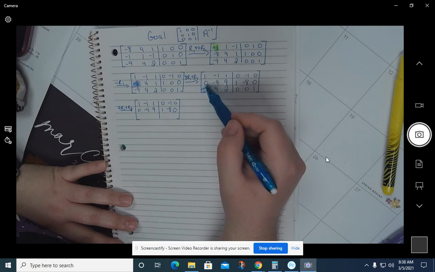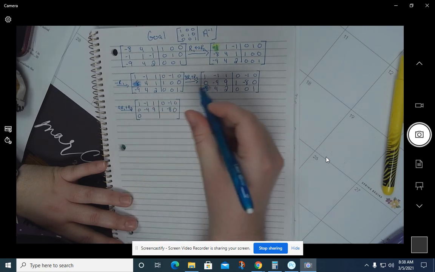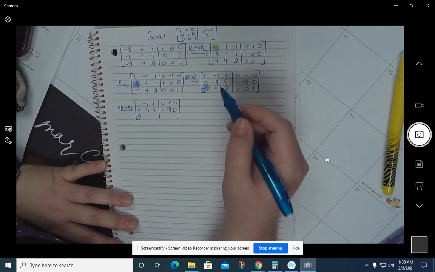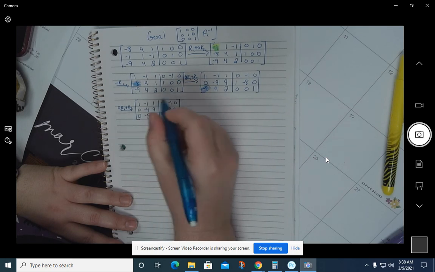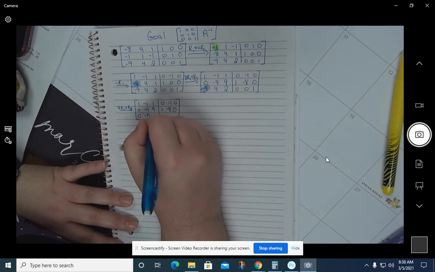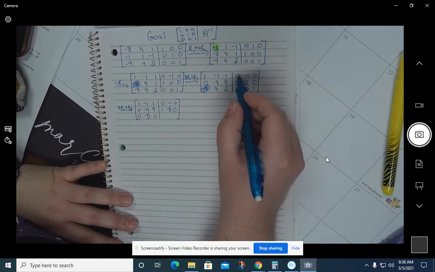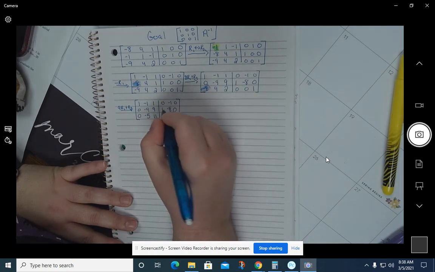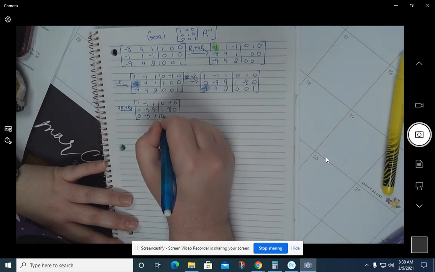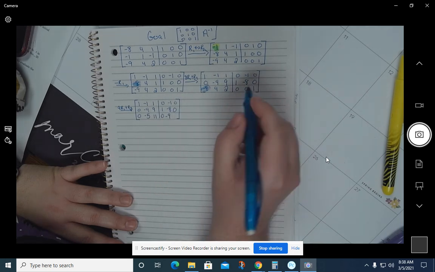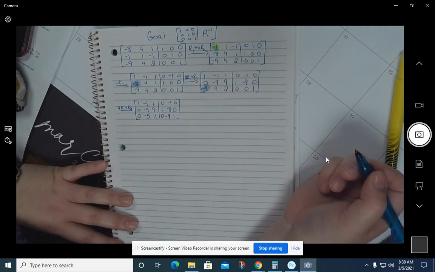Now 9 minus 9 gives me 0. -9 plus 4 is negative 5. 9 plus 2 is 11. 0 plus 0 is 0. Negative 9 plus 0 is negative 9. And 0 plus 1 is 1.